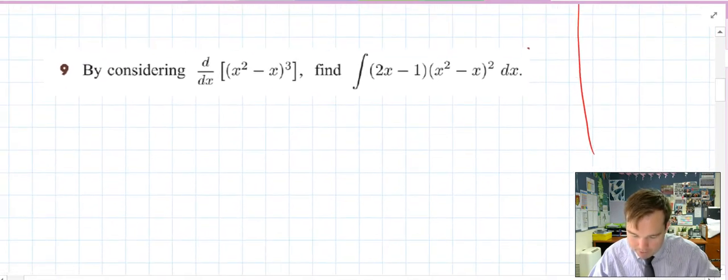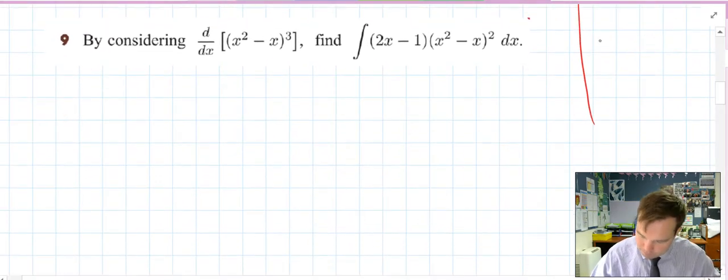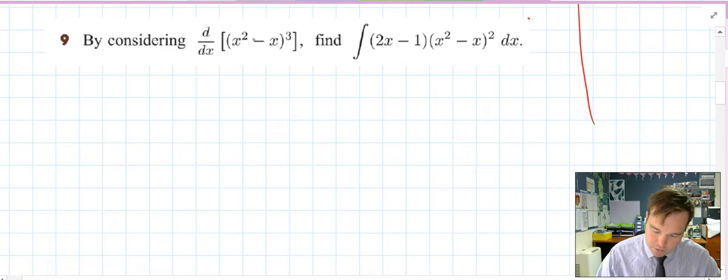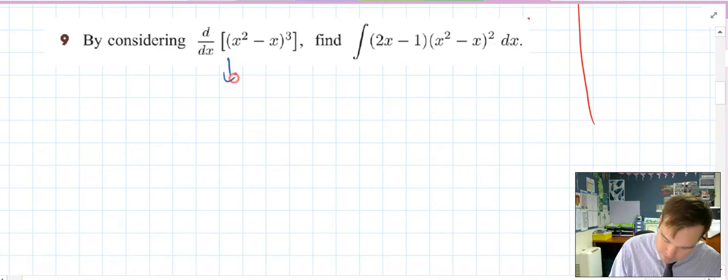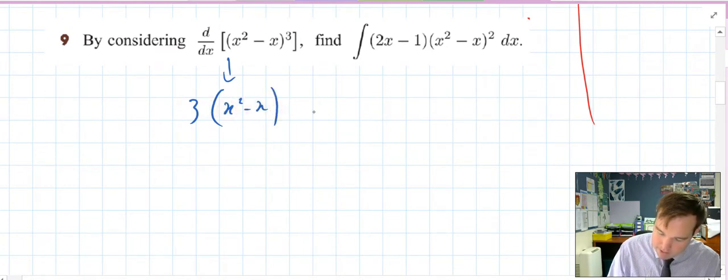Alright, by considering the derivative of x squared take x to the 3, find the integral of 2x take 1 bracket x squared take x to the 2. Now that doesn't look particularly pretty, so let's just follow what they've said. Find the derivative of this. Well, the derivative of that is going to be 3 bracket x squared take x to the 2, and that then is going to be multiplied by the derivative of the inner.